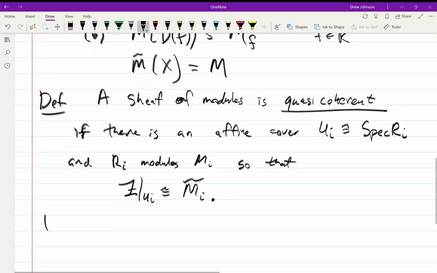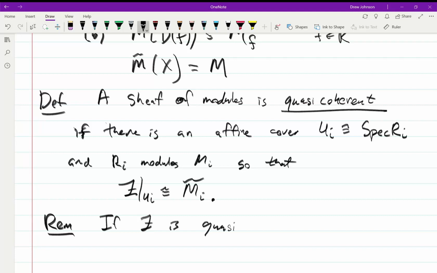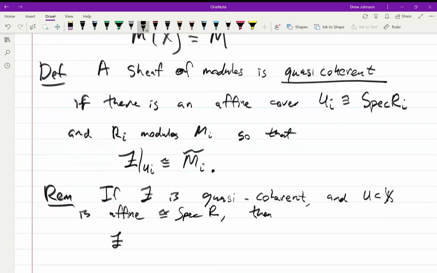Okay, and here's the remark. If F is quasi-coherent, and U in X is affine and isomorphic to, let's say, Spec R, then F restricted to U will be isomorphic to M tilde for some R-module M. All right, so the definition just says there has to exist an open cover so that F is isomorphic to some of these tilde modules on that open cover.